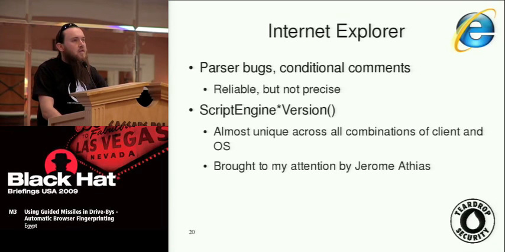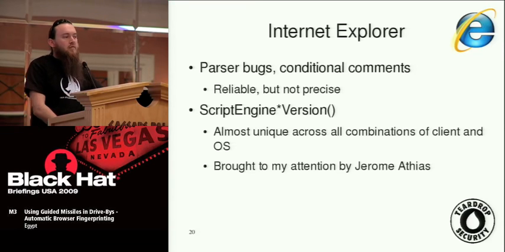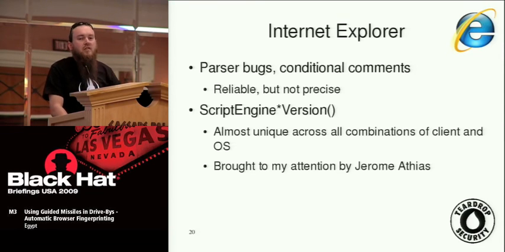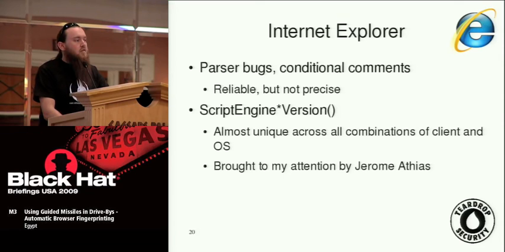The combination of those three functions on 2003 Service Pack 2 and XP Service Pack 2 is the same, but otherwise it's almost completely unique. So using these three functions, we can very reliably determine that it is IE, what version of IE it is, and the operating system it's running on, including Service Pack.